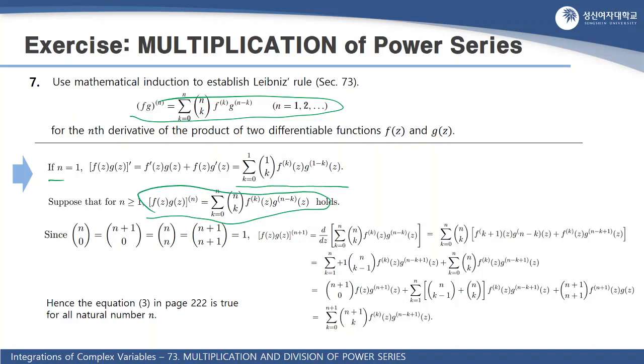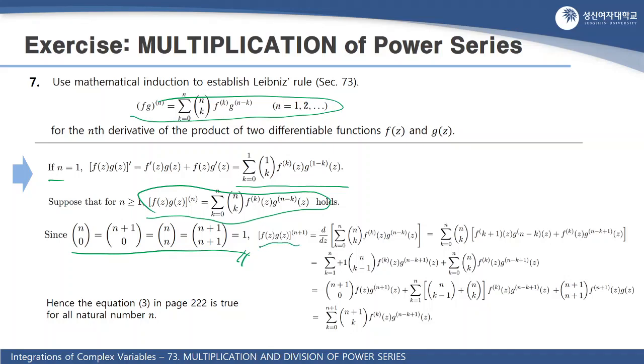Then we are going to show the case of n plus 1. To show that, we are going to use this identity, or definition. So n choose 0, n plus 1 choose 0, and n plus 1 choose n plus 1 are all 1.